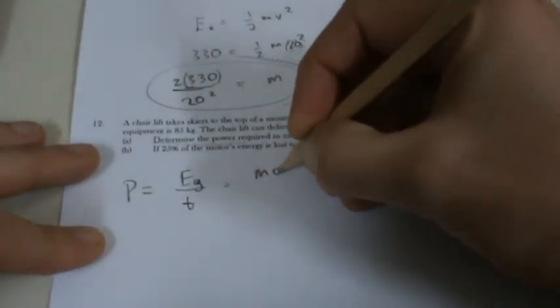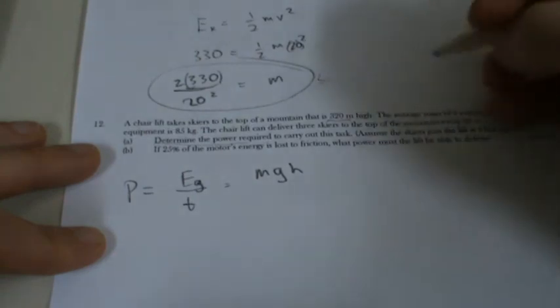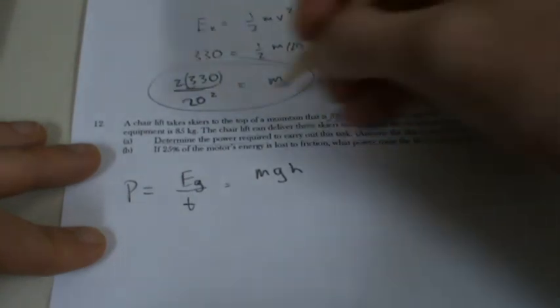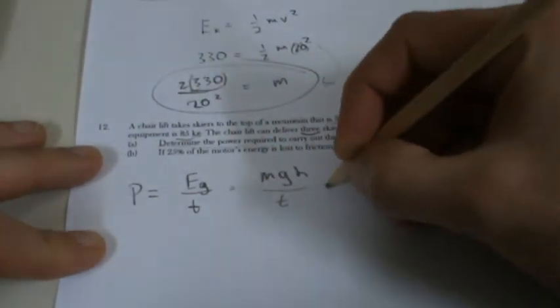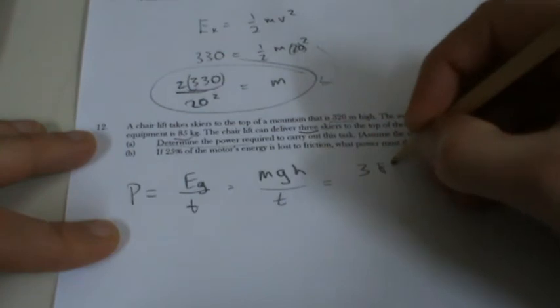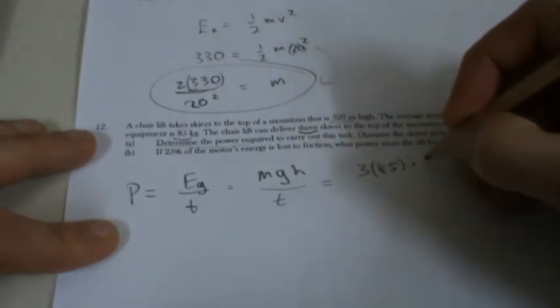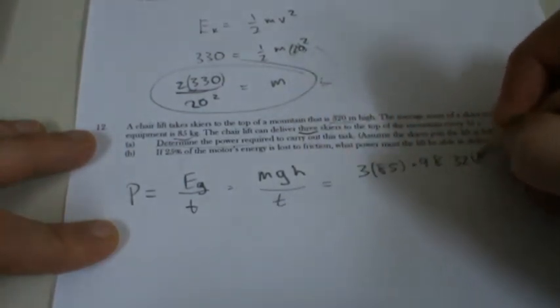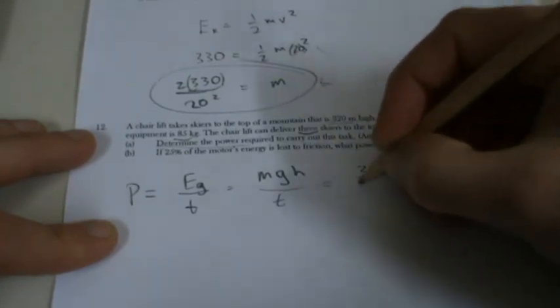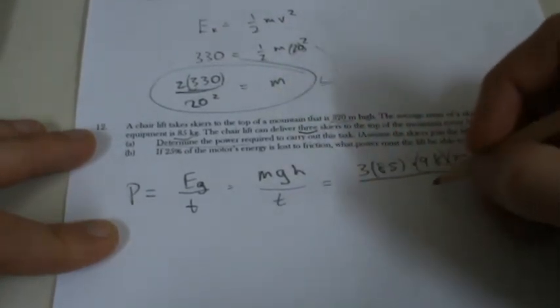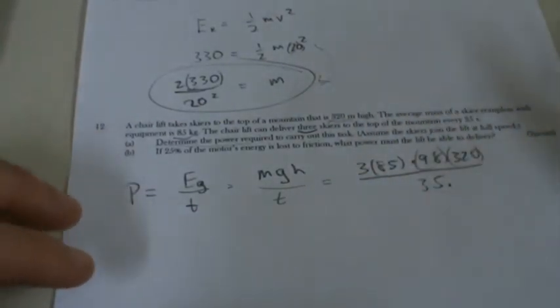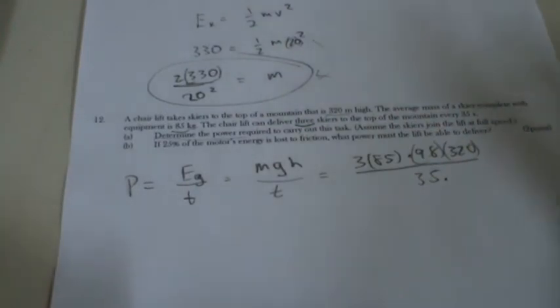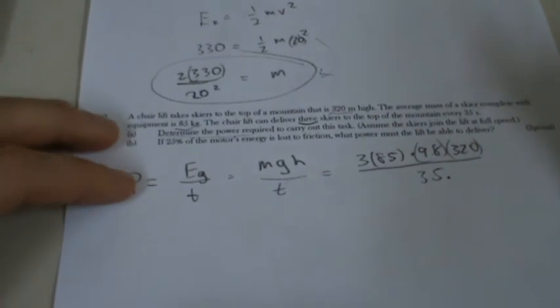This is mgh, by the way. And the mass of the skiers is 85, but there's 3 of them. So we've got 3 times 85 times 9.8 times 320, divided by 35 seconds. And that's the power rating of the thing there.